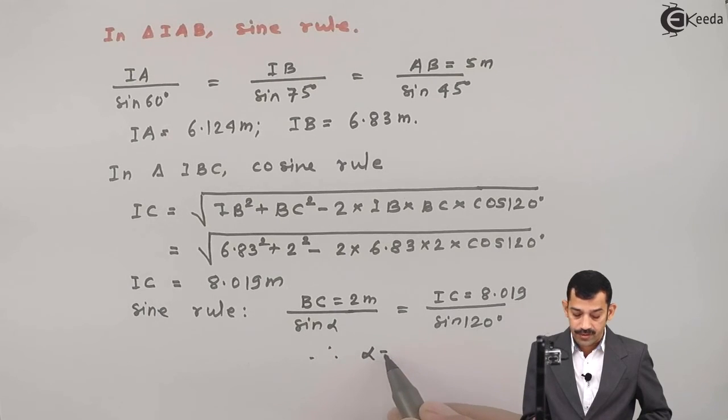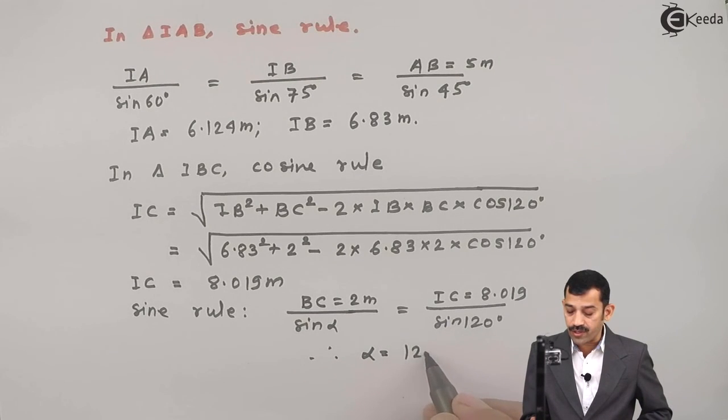Using calculator you will find angle alpha comes out to be 12.47 degrees.